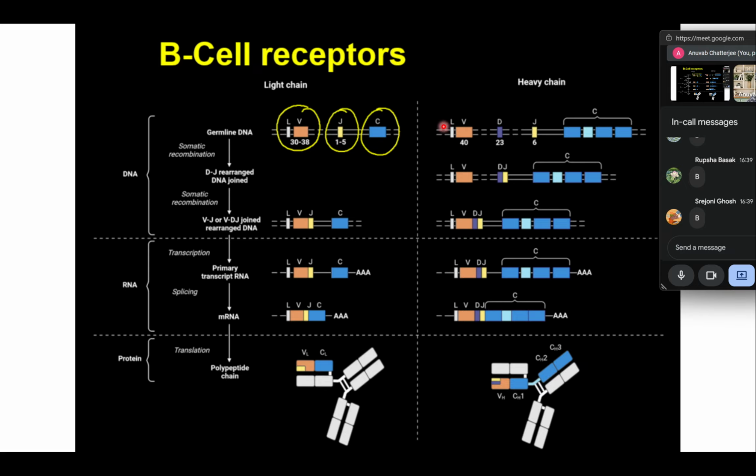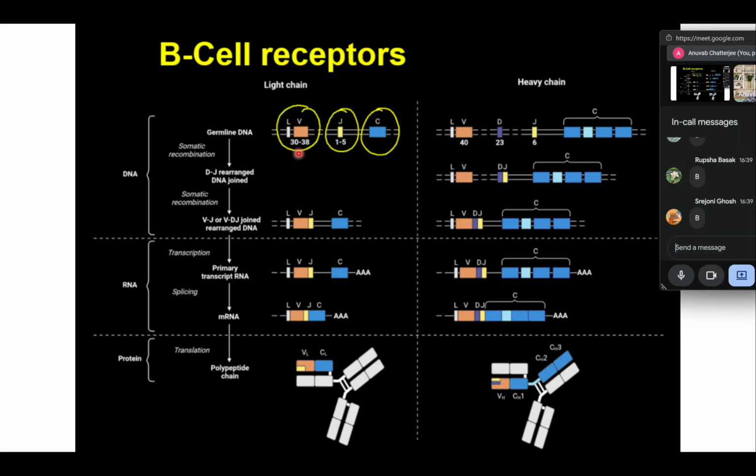Again, the antibody is made out of two different chains. One is called the heavy chain, and one is called the light chain. In the heavy chain, this is the amount of modifications that can occur.